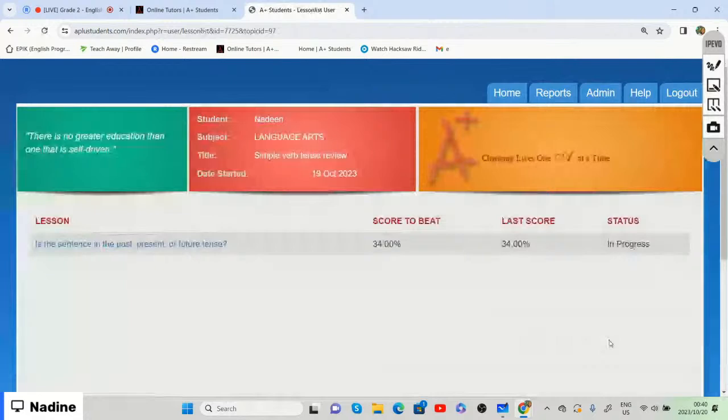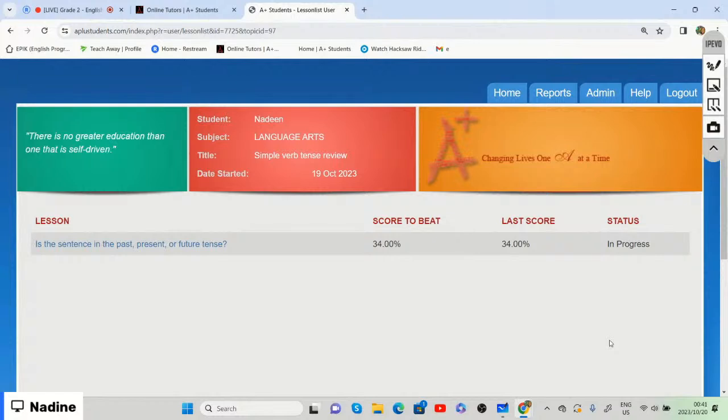So this was basically our chapter on simple verb tense review. If we look at the word verb, it is an action that takes place.